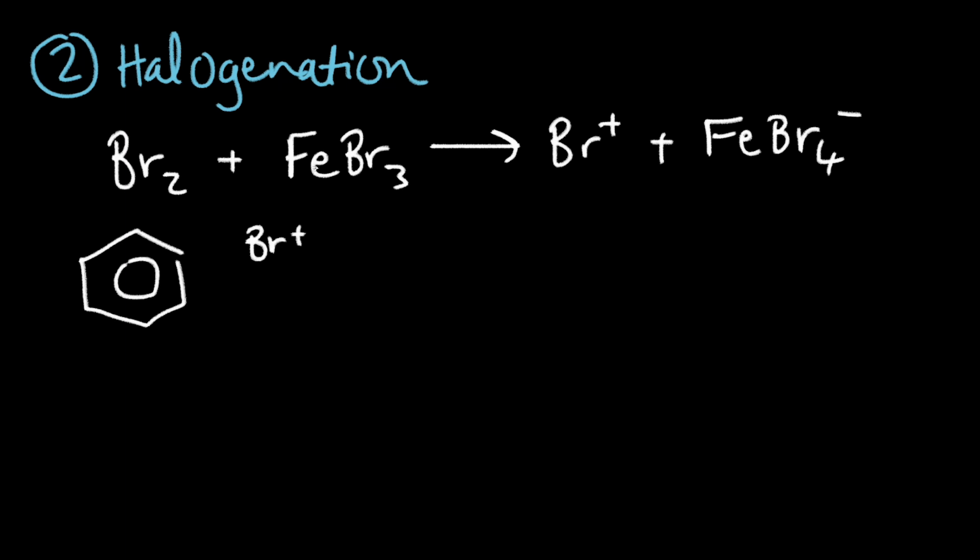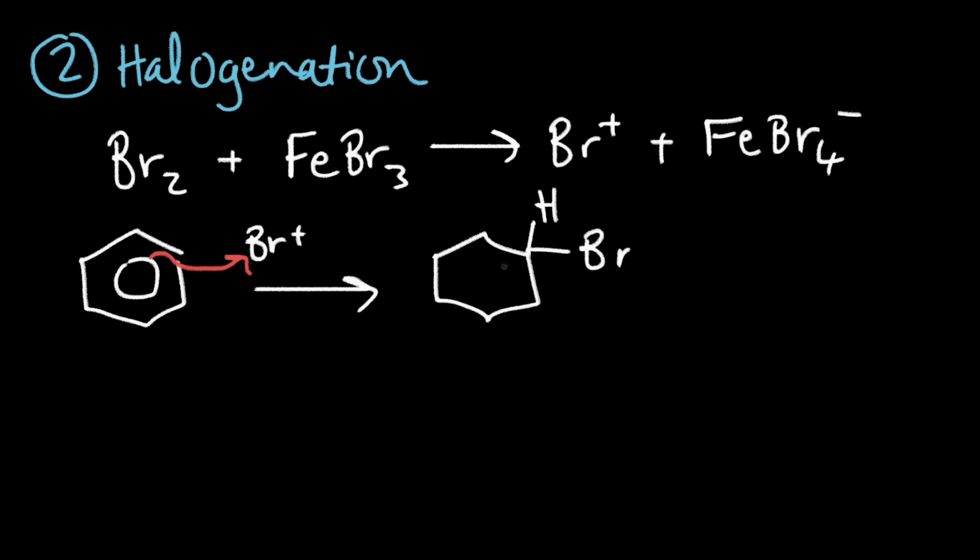So as before, our arrow starts from the circle and attacks the electrophile. This is going to make this with our horseshoe shape and the positive charge.